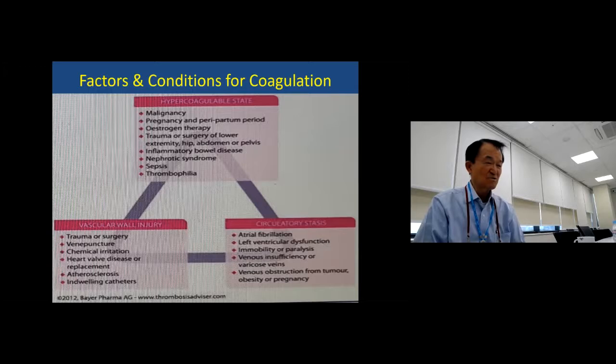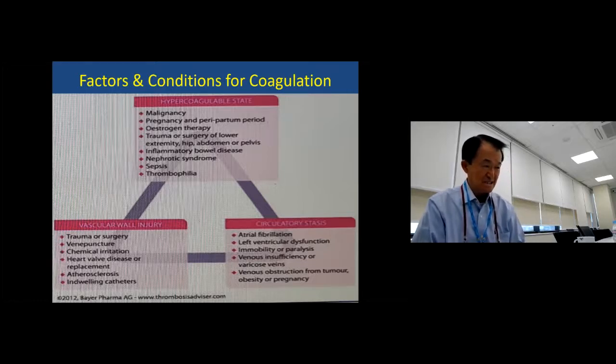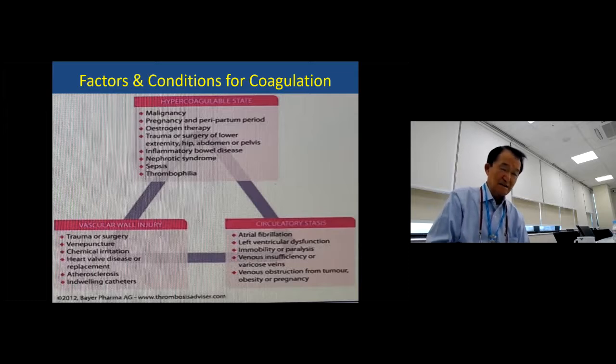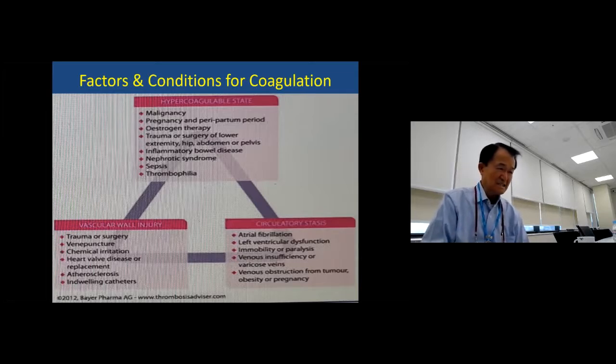It all relates to dosage and patient conditions. Certainly trauma and surgery are all damage to the vascular wall. And then certain inflammatory bowel disease, nephrotic syndrome, kidney disease, sepsis, and thrombophilia, which is more like a genetic disease.